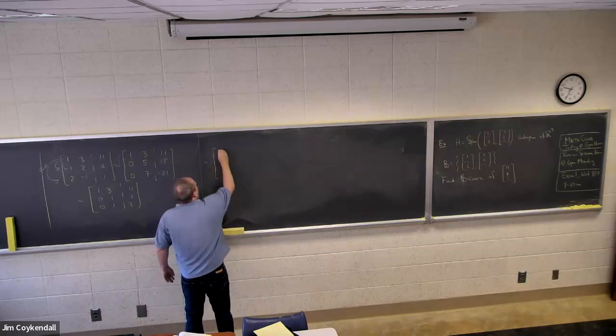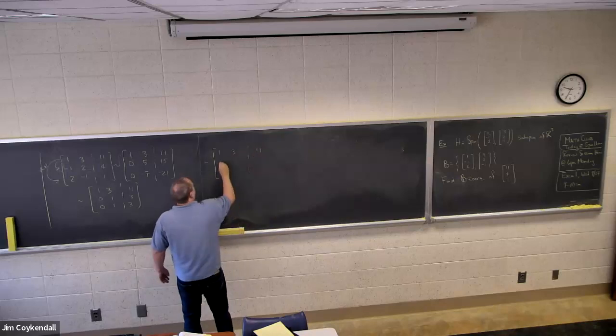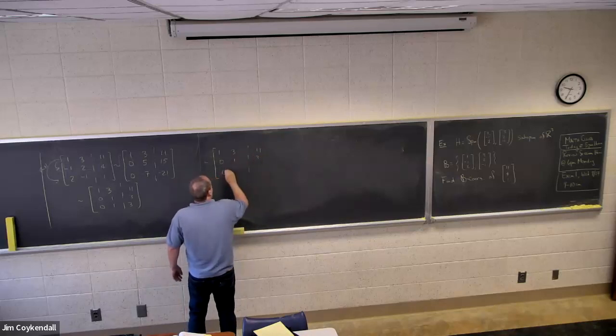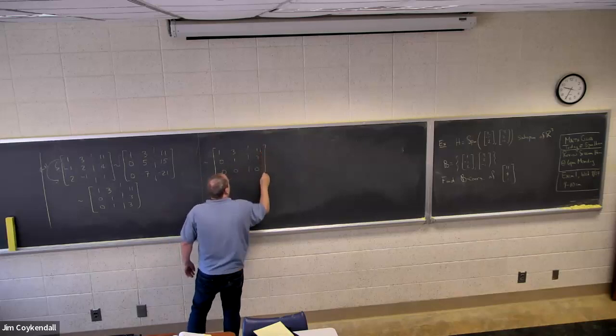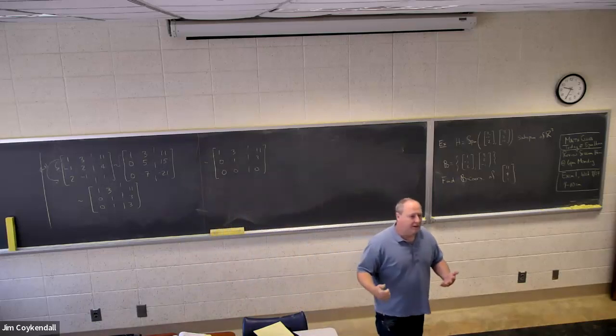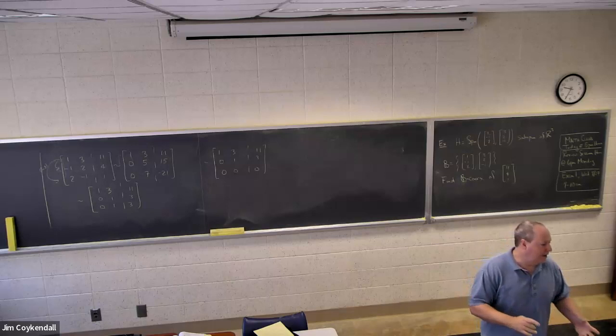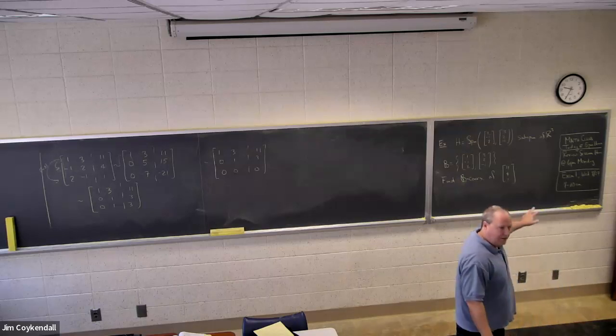So what do we get? We get that it's consistent. Everybody agree with it? So since it's consistent, that means that yes, this thing is in the span. There is a solution.